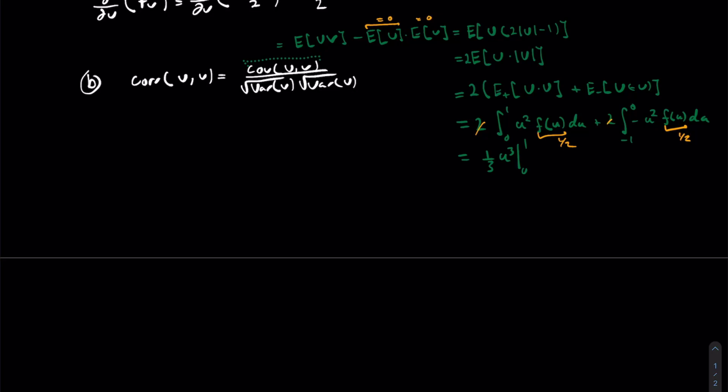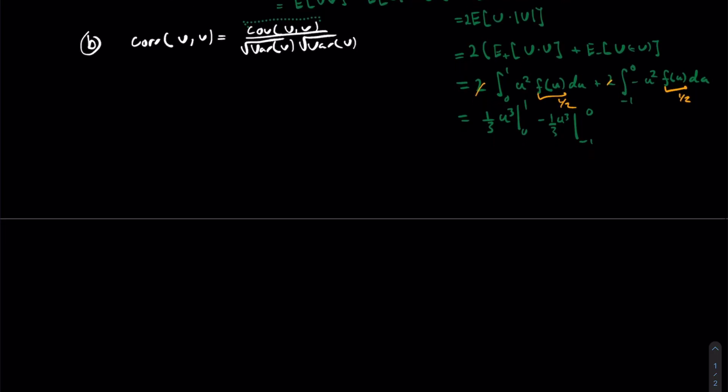When we evaluate that integral, this is minus the same thing here, because of this sign, so we have 1/3 U cubed going from minus 1 to 0.